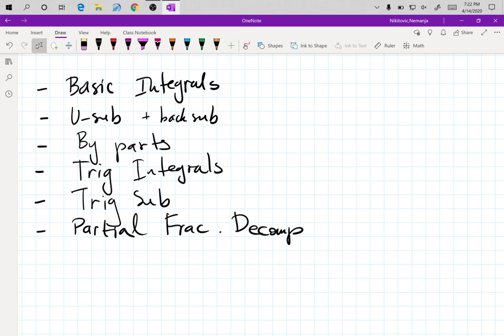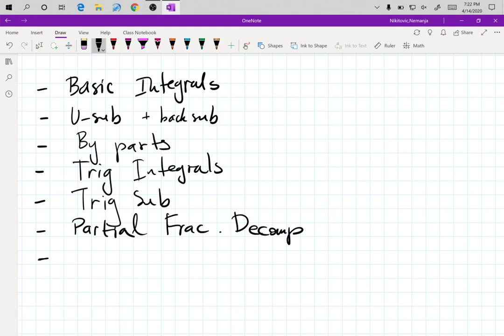If you have 1 factor, you can't use partial fraction decomposition. There's nothing to decompose. You have only one factor, right? You need minimum 2 factors, or 3 or 7, right? 7 factors, 7 variables. So that's fun. So partial fraction decomposition, and then what else is there?